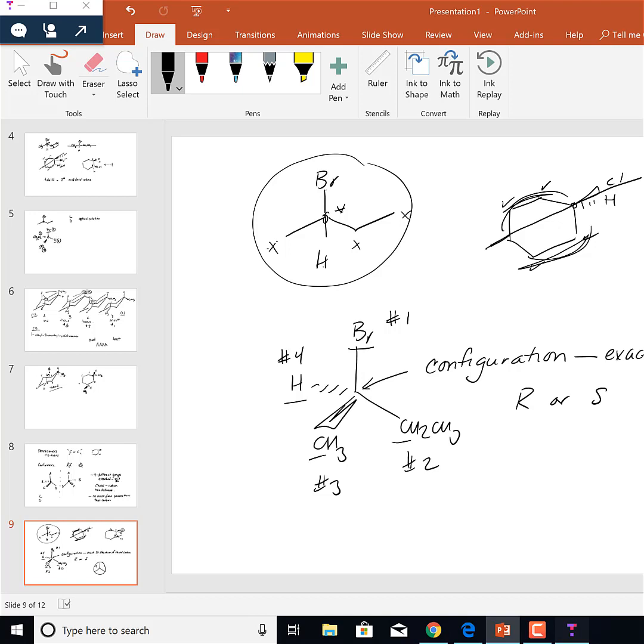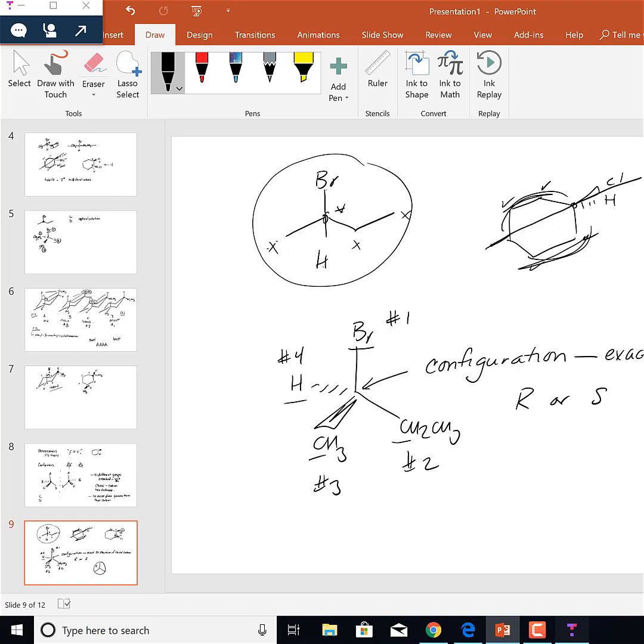That's the old steering wheel analogy that we use. My rule is, let's put the 4th priority group on a dashed wedge. If it's on a dashed wedge, by definition, it's pointing away from me. So that's the second step. In this molecule, I already gave it to you like that. What happens if it's not like that? Wednesday, we'll go through some of the possibilities.